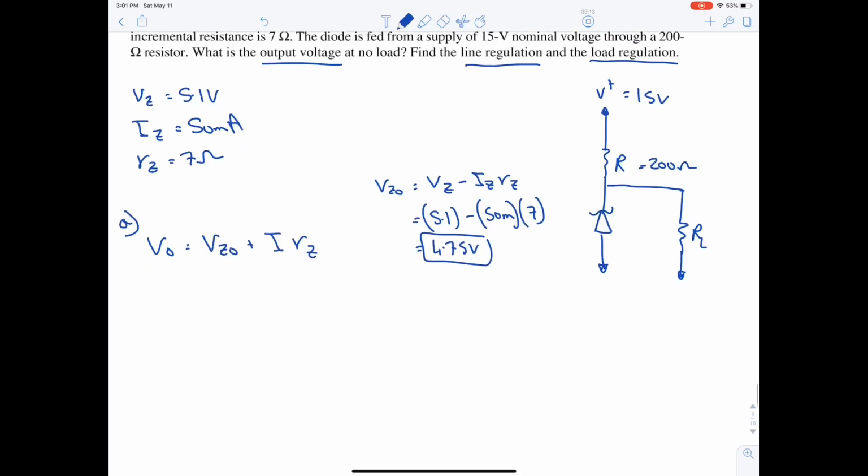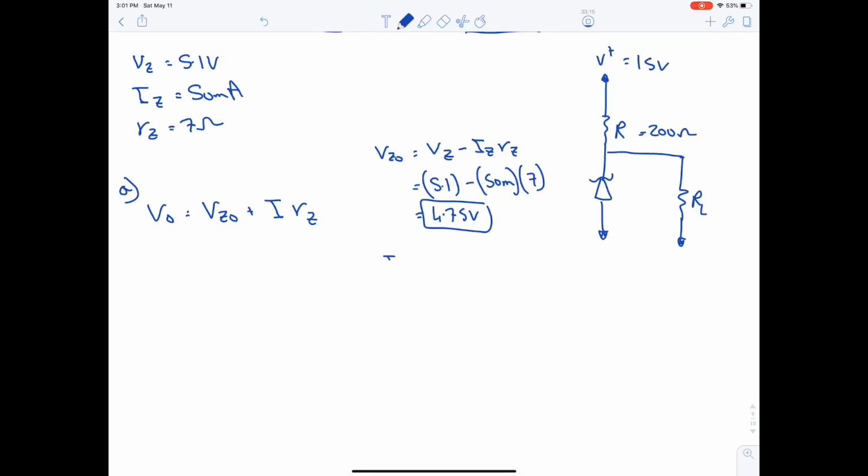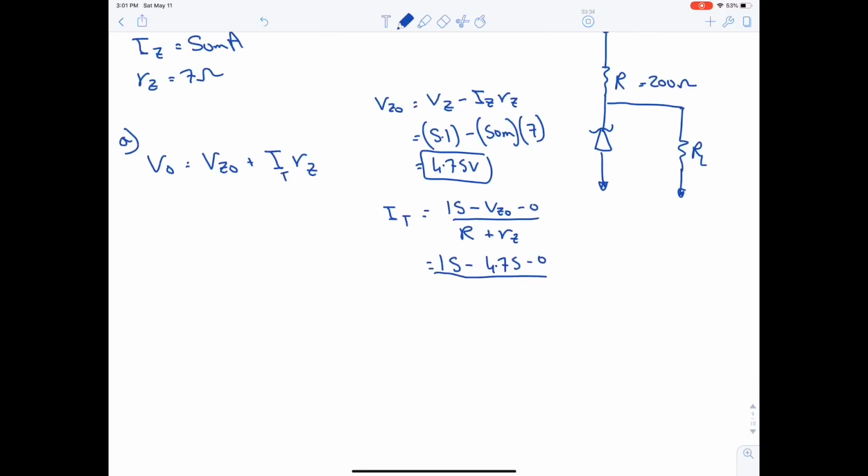This is Vz naught. Now, I total is total voltage over total resistance, which is 15 minus Vz naught minus 0, divided by R plus Rz. So this will result in 15 minus 4.75 minus 0 over R, which is 200, plus 7.